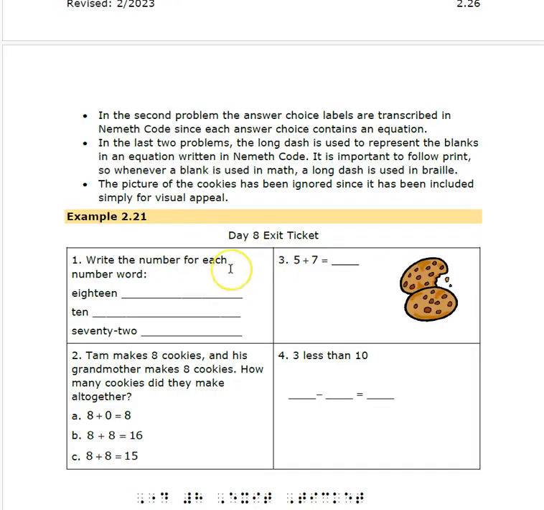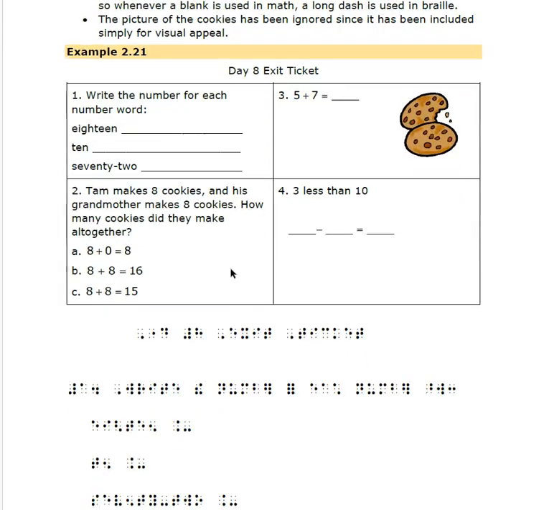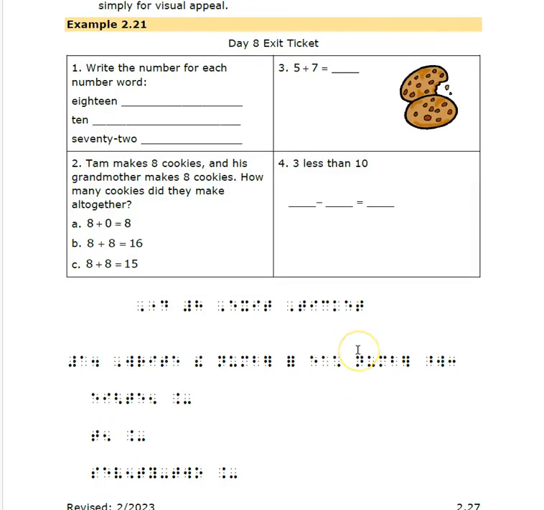This is the day 8 exit ticket, your example 2.21. We're going to center the heading, day 8 exit ticket, number 1. Write the number for each number word. And then they write them out, 18.